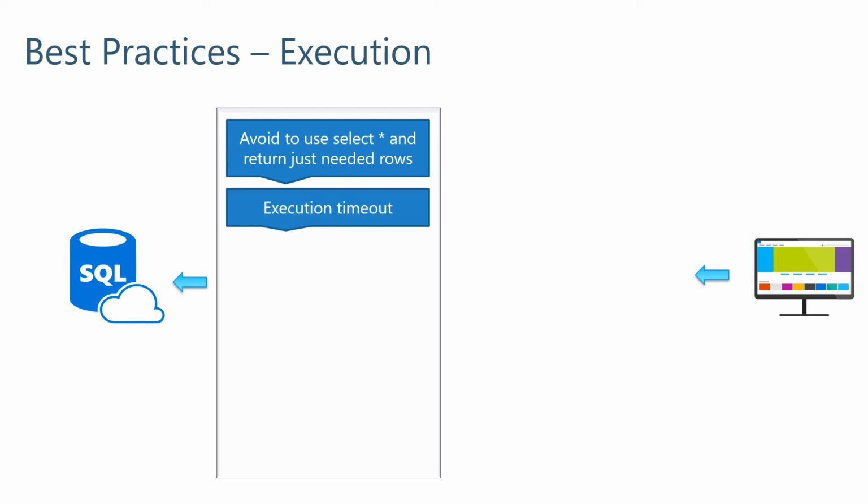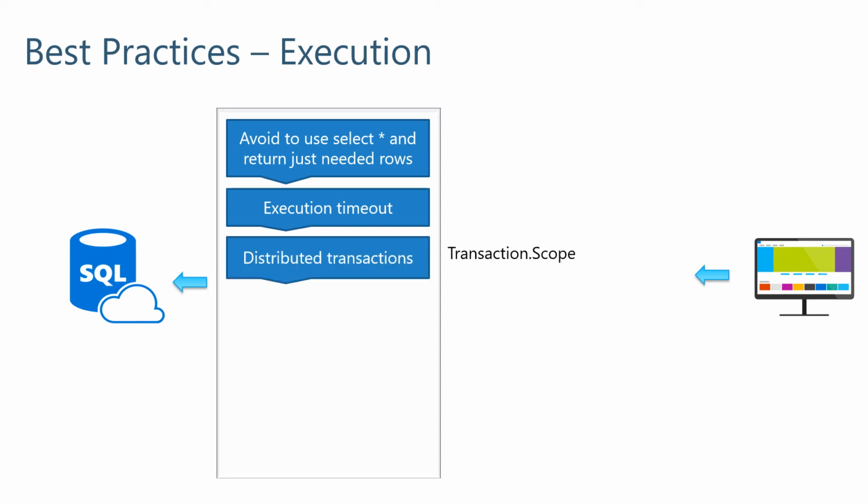The execution timeout again is very important. If you think that a query takes more time, try to specify the execution time accordingly. Distributed transactions: in SQL Azure, we don't have distributed transactions implemented right now.